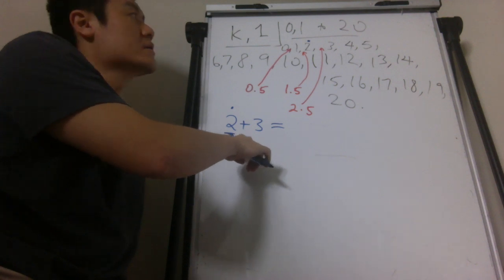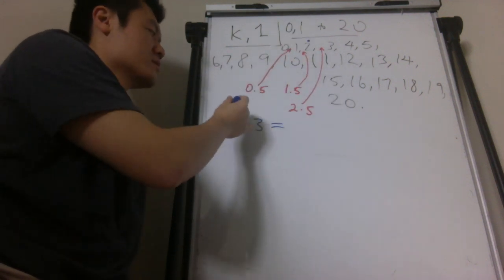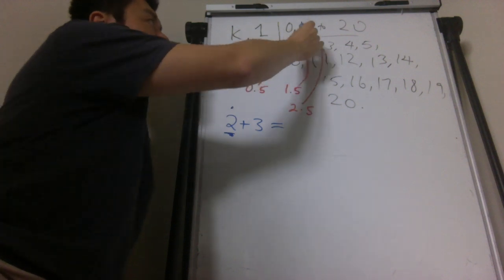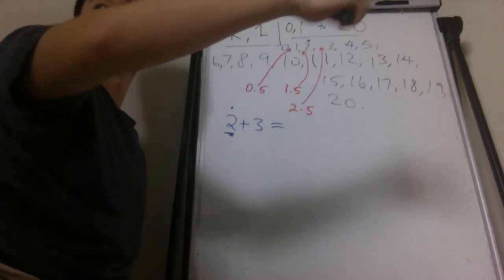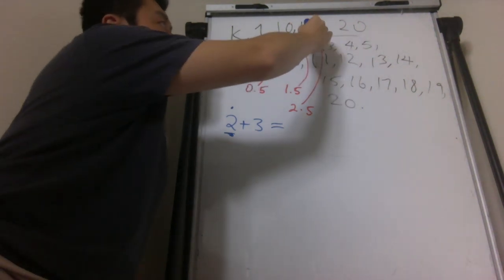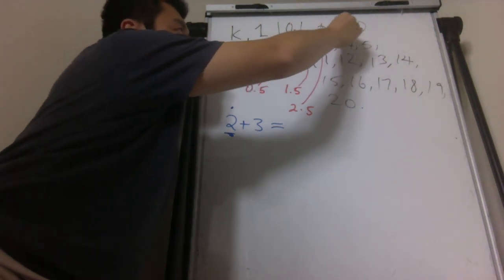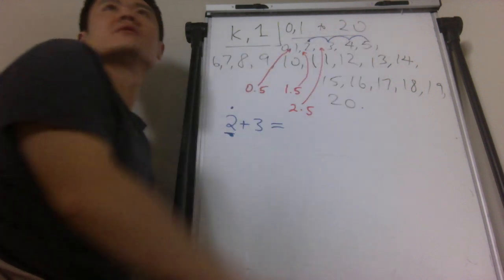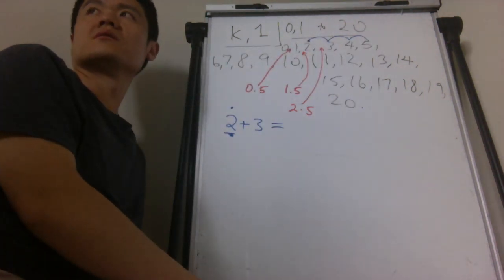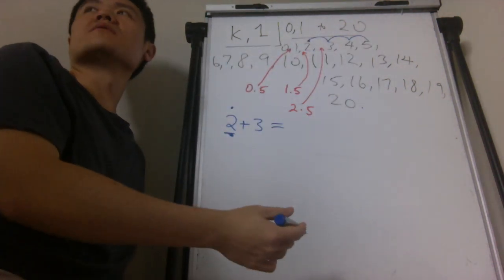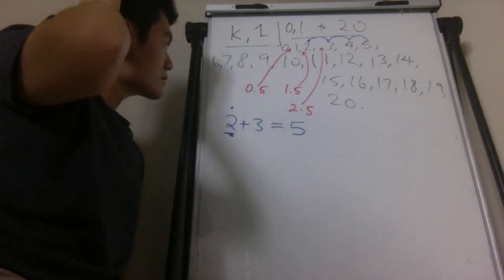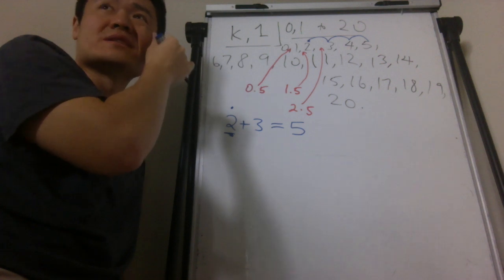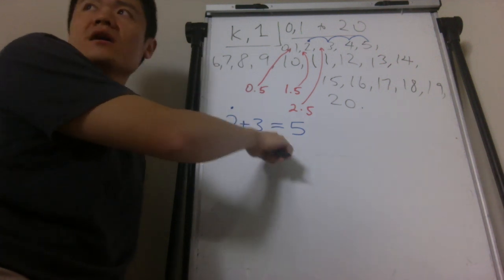Yes. Okay? So what happens is 2 plus 3? You go 2, right? Yes. 2 is here. Yes. Plus 3 means you go forward 3 times. Okay? So that's 1, 2, 3. Yeah. So then you get to 5, right? So that's what we mean when we say 2 plus 3 is 5. Okay?